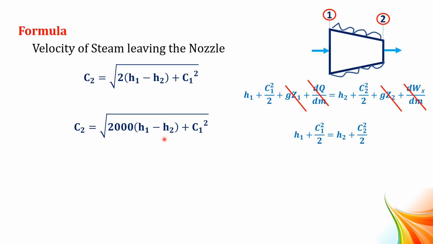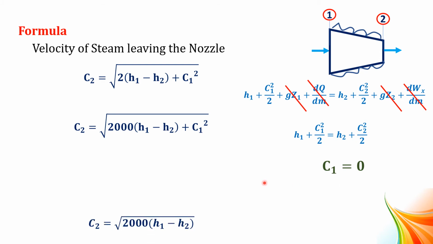So we know from the steam table and Mollier diagram we get the values of specific enthalpies H1 and H2 in kilojoule per kilogram. So for converting kilojoule per kilogram to joules per kilogram, we have to multiply that value with 1000. In our problem, the value of initial velocity C1 is neglected.